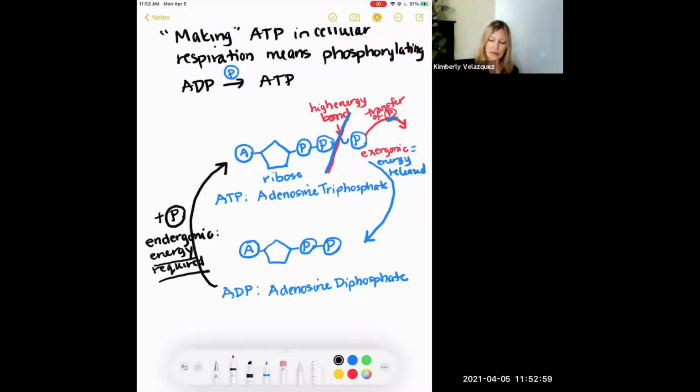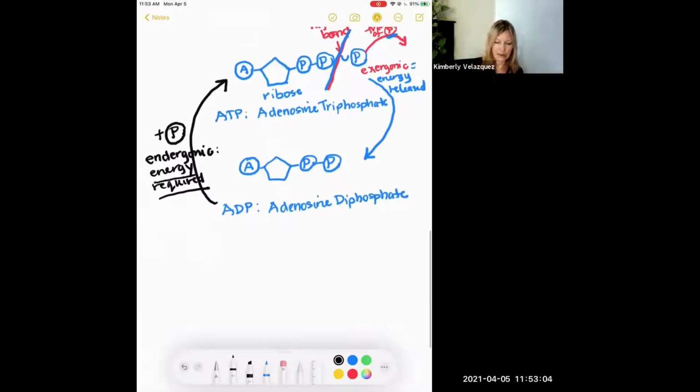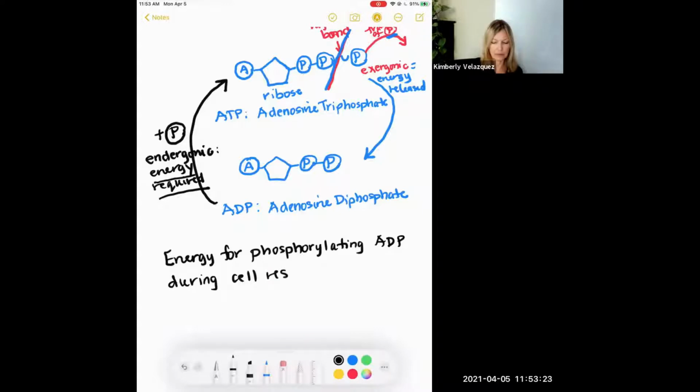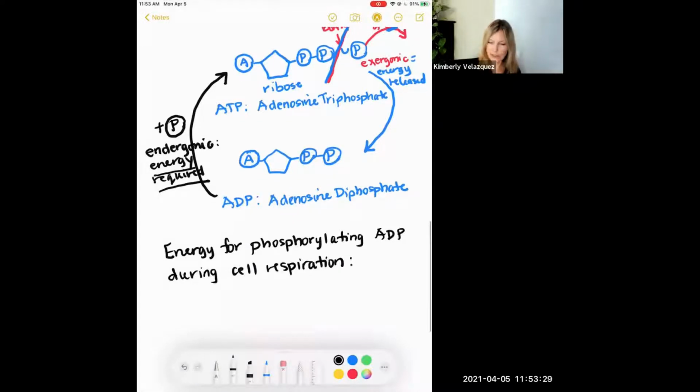It's going to come from 2 potential energy sources. So energy for phosphorylating ADP during, and I'm going to now start calling it cell respiration. It's simpler for all of us. It's going to come from 2 sources.